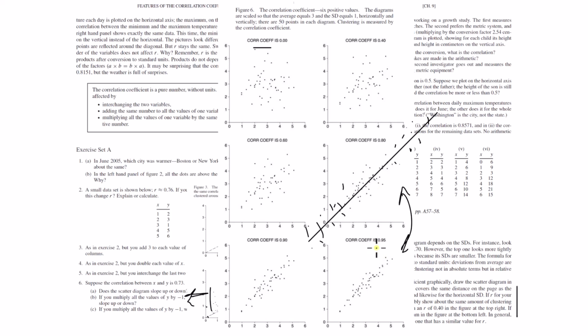Both could be 0.95. But without the increased range, then no, you're looking at, okay, how tightly clustered are they around a certain line? Well, this is more tightly clustered than this, so higher correlation coefficient.